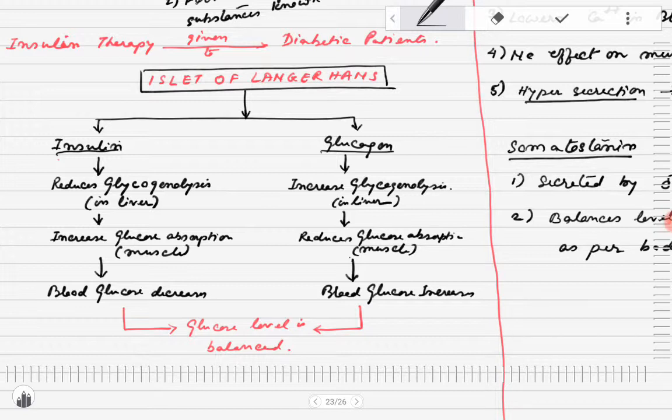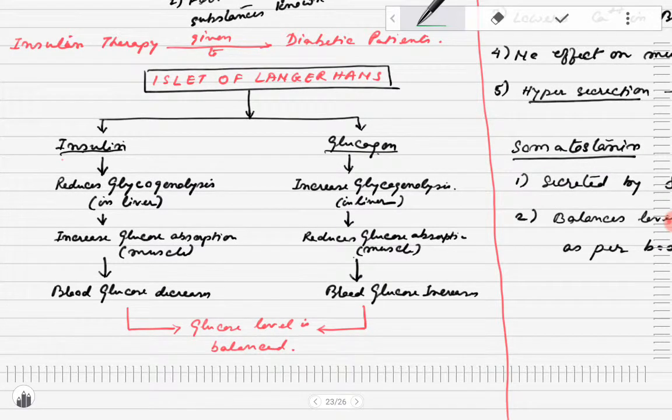So let us see it once. It is very important how the glucose level is balanced by the islet of Langerhans. The islet of Langerhans produces two hormones, insulin and the glucagon. This insulin reduces glycogenolysis, and here glucagon increases it. Insulin increases glucose absorption in muscles, and glucagon reduces glucose absorption in muscles.